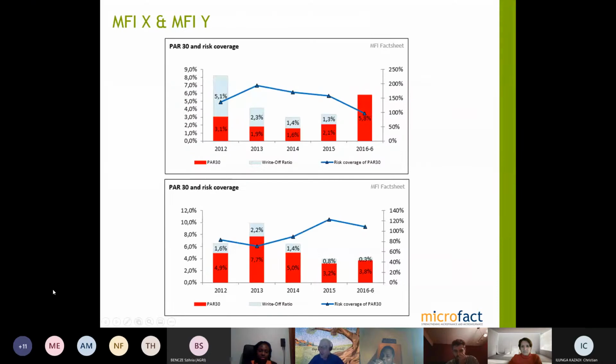If we have a look at our two organizations in the fact sheet, it's interesting to put the portfolio at risk plus the write-off ratio together. Because when we were saying for MFI X, you remember when I showed you the first time MFI X, let's have a look where it is.